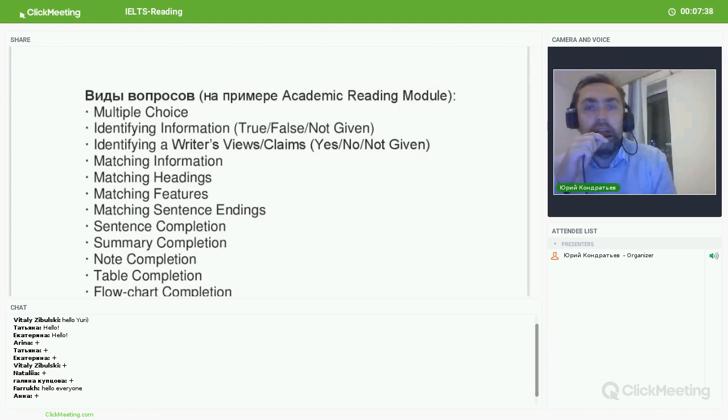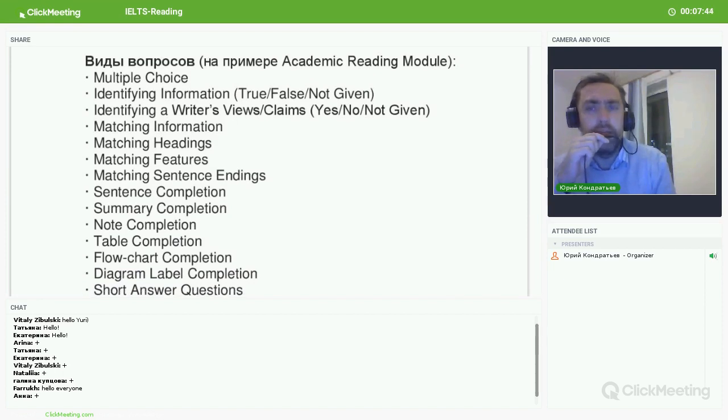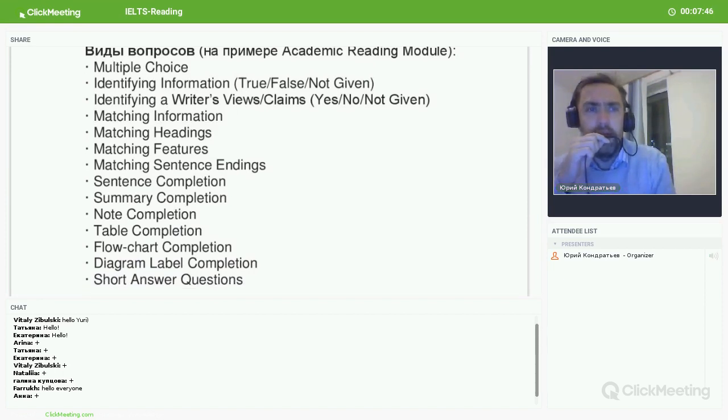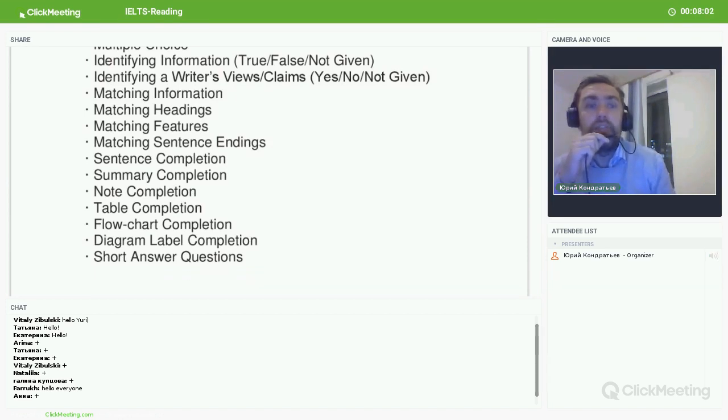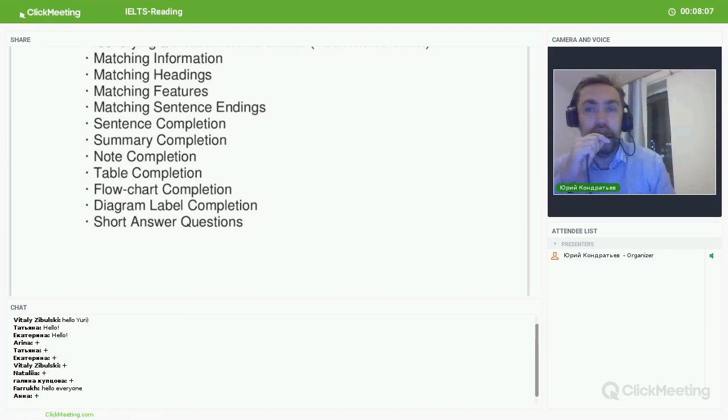There are more than 10 types of questions, and they are the same for both the academic and general reading modules. Multiple choice, true, false, not given, yes, no, not given, matching information, matching headings, matching features, matching sentence endings, sentence completion, summary completion, note completion, table completion, flowchart completion, diagram label completion, and short answer questions.